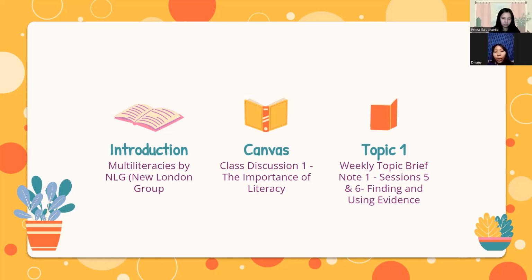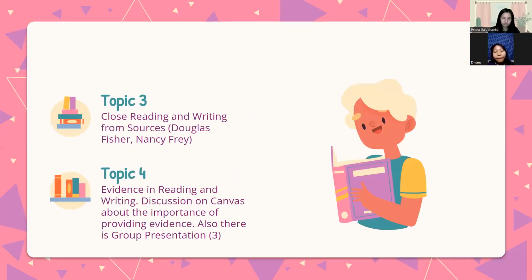And then in topic 1, we learned about weekly topic brief note 1, which is the session on finding and using evidence. So the next slide, please. So here are topics 3 and 4.